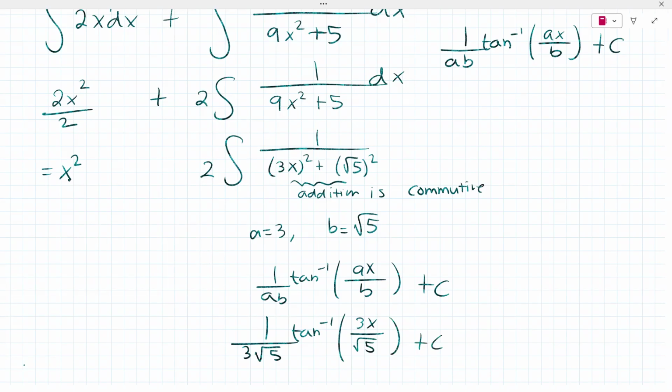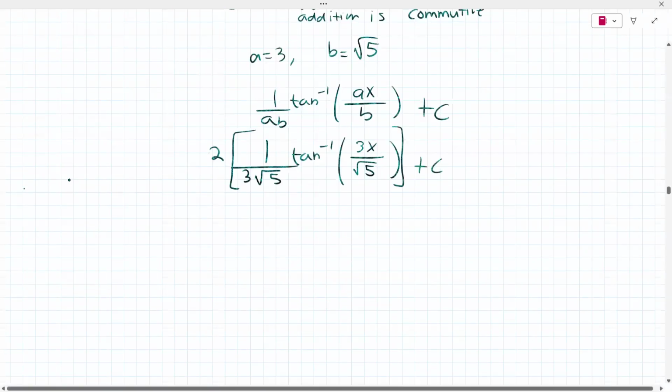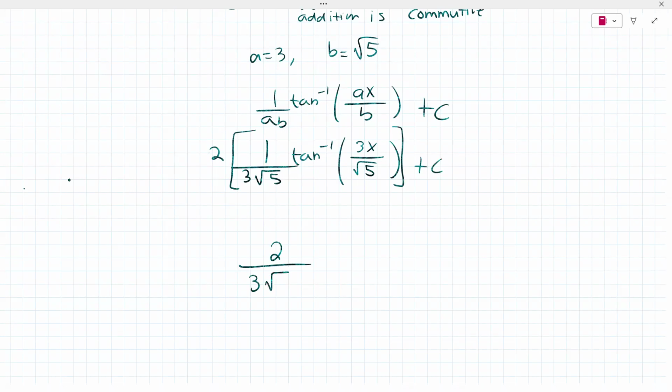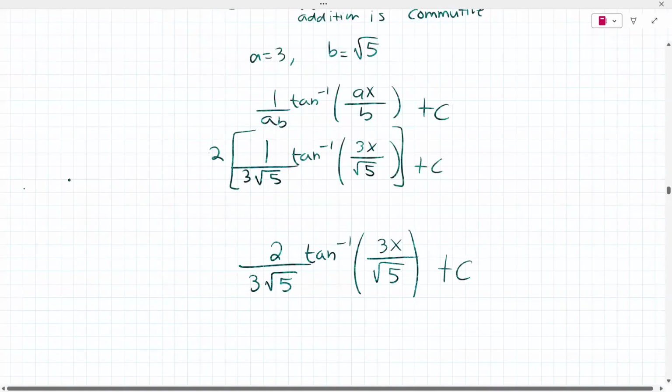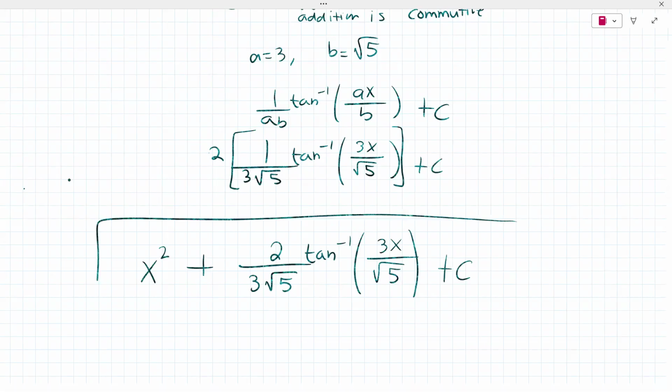And then you multiply this by 2. So this is going to be 2 over 3 radical 5 tan inverse of 3x over radical 5, plus C. And then don't forget, we have this x squared on the other side. Okay, so that's your final answer.